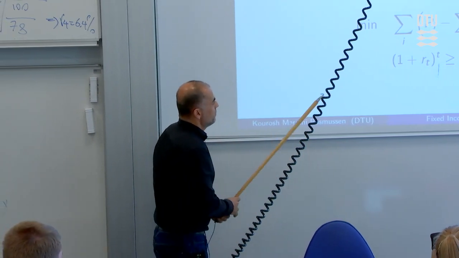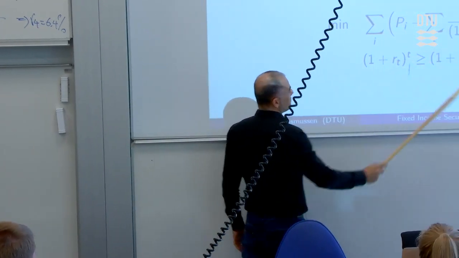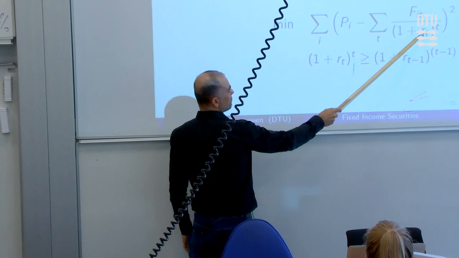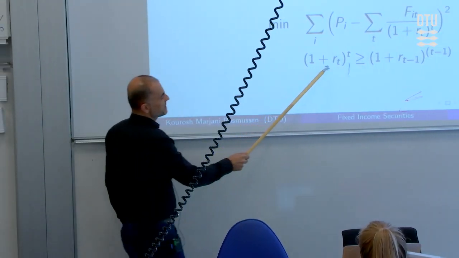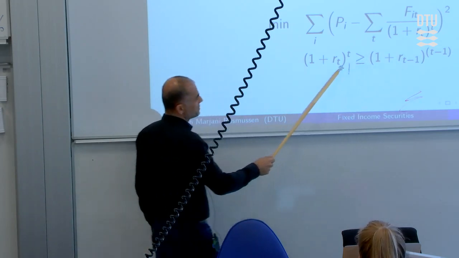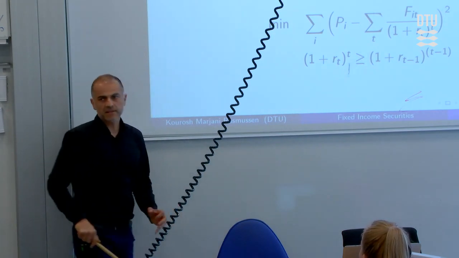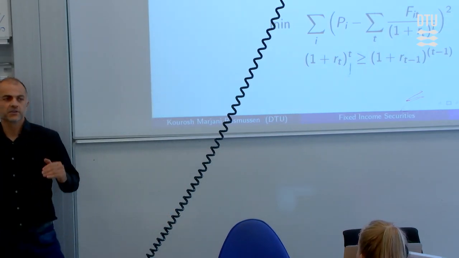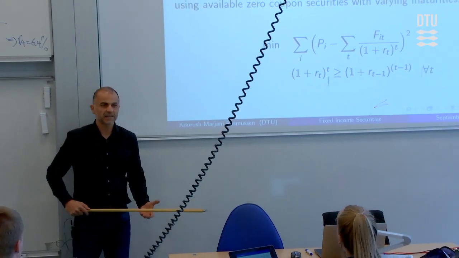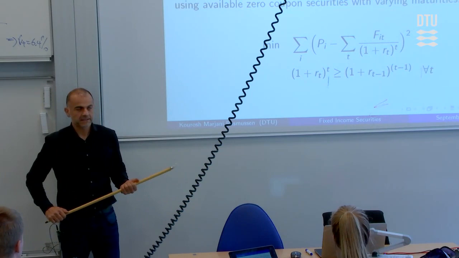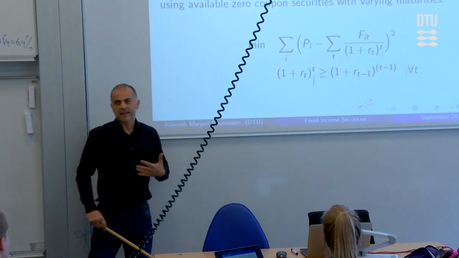But here we are given the prices of a number of bonds, and we have their cash flows, and we want to decide what the R's are. I won't go into details of this one for now, but suffice to say that this inequality means that forward rates should be positive. So we don't allow negative forward rates. This is just to ensure that the R's we find are as reasonable as possible.